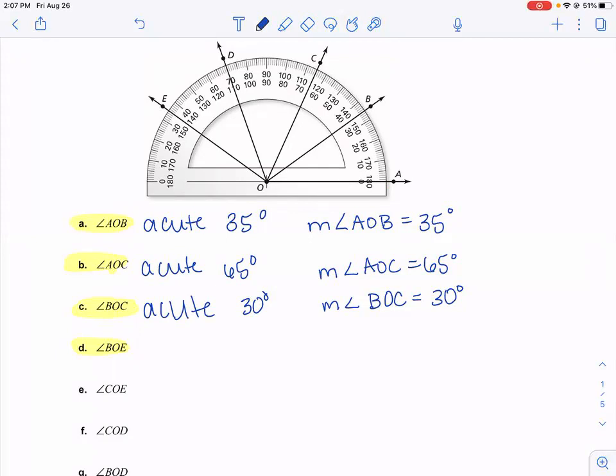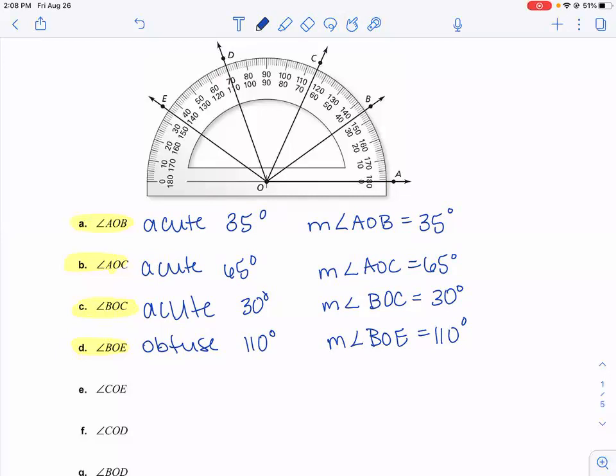All right, Layla, what about BOE? She's not sure about our 110. The measure of angle BOE is... Don't put so much pressure on her.